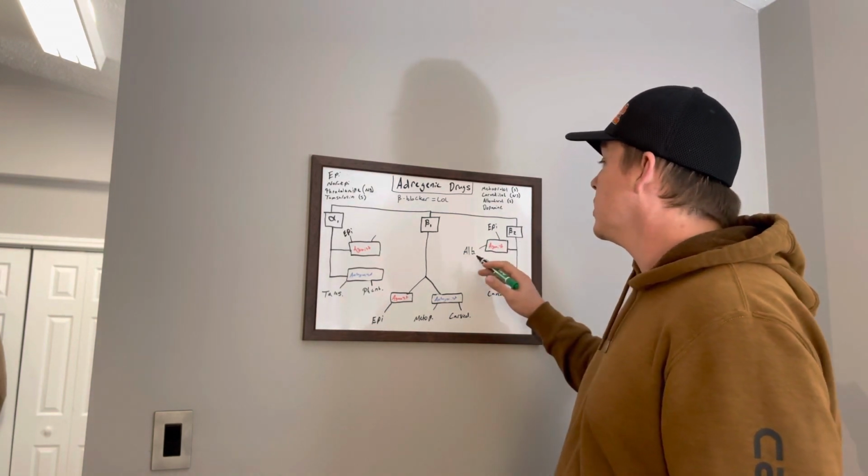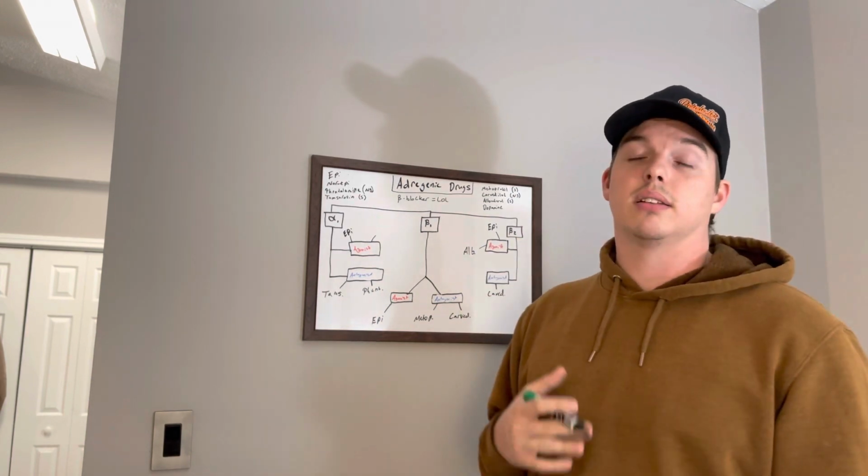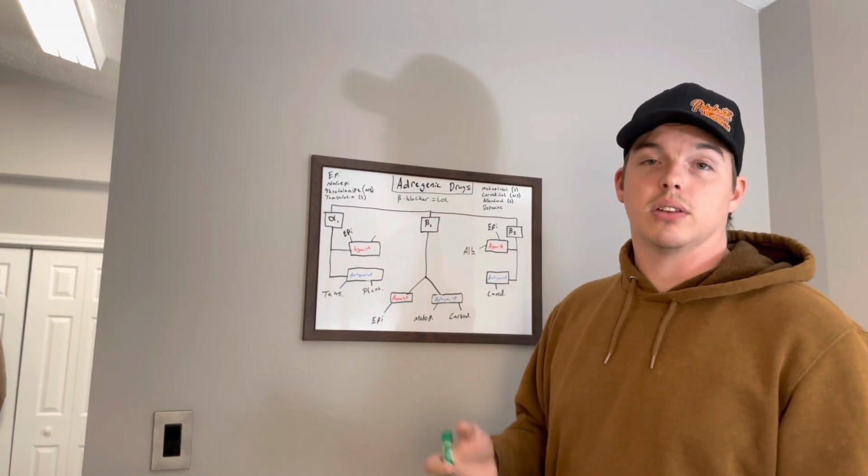So that one, albuterol, is a selective agonist of beta 2.